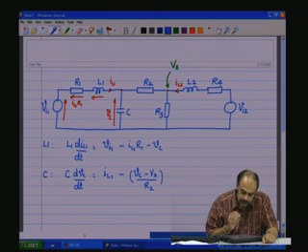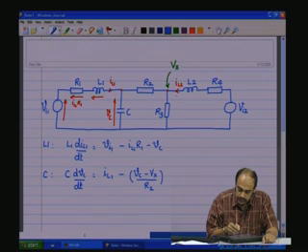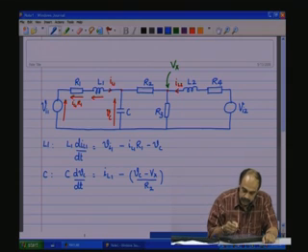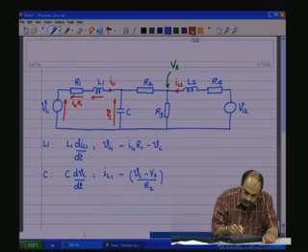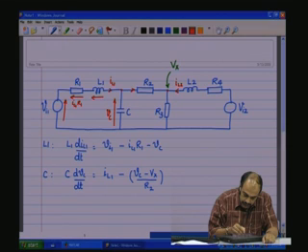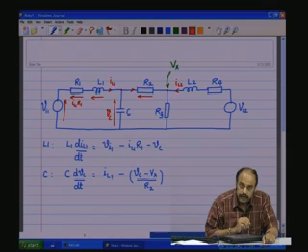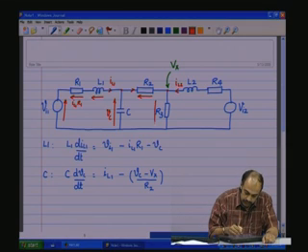Now, if you look at this potential Vx here, the potential Vx here is nothing but Vc minus the potential across R2, or in other words, if we assume that there is a current flowing in this direction, then we have a potential here which is in this direction as shown, and this is the potential Vx.